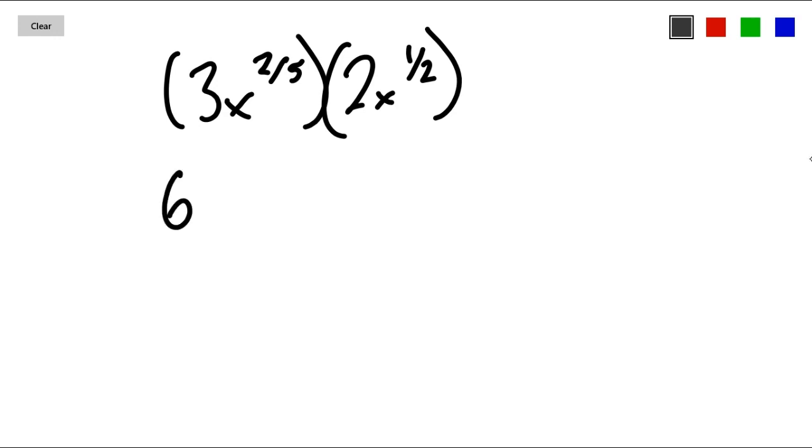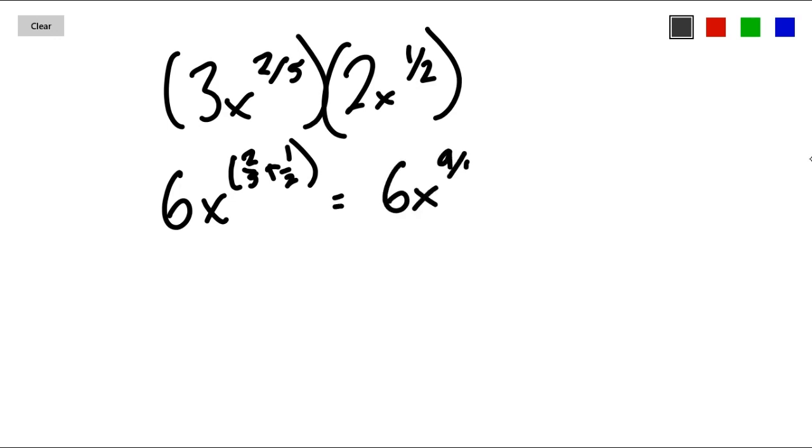But then x to the 2/5 times x to the 1/2 is going to give us x raised to the 2/5 plus 1/2 power. And this comes out to 6 times x to the 9/10 power. So this answer is fine, but if you want to rewrite it in terms of roots and exponents, you would have 6 times the 10th root of x to the 9th. Both of these are valid.